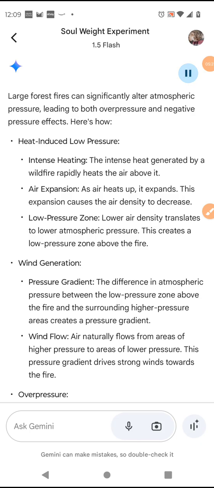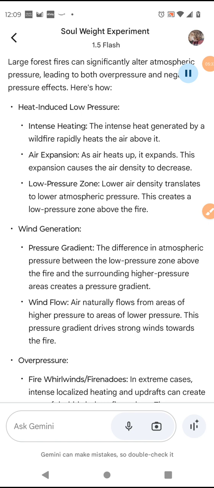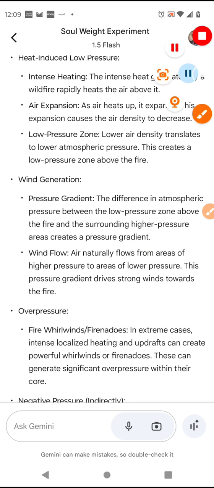Low pressure zone. Lower air density translates to lower atmospheric pressure. This creates a low pressure zone above the fire. Wind generation. Pressure gradient. The difference in atmospheric pressure between the low pressure zone above the fire and the surrounding higher pressure areas creates a pressure gradient. Wind flow. Air naturally flows from areas of higher pressure to areas of lower pressure. This pressure gradient drives strong winds towards the fire. Overpressure. Fire whirlwinds, firenadoes.